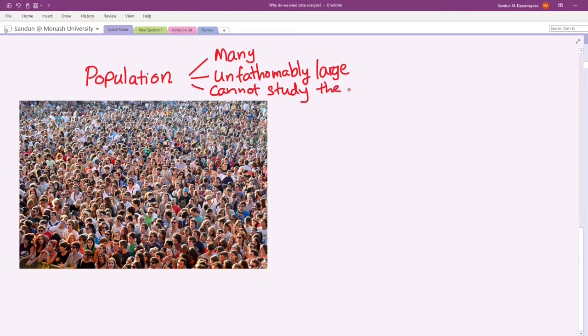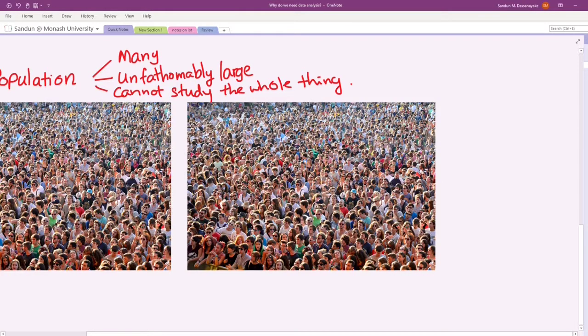If you want to study something, you would need to study the whole population, which is definitely impossible. Because of that, we need to find an alternative way to study the population to make intelligent decisions. That is why we usually take a sample from that population. We draw a sample and we try to understand the population from the sample.